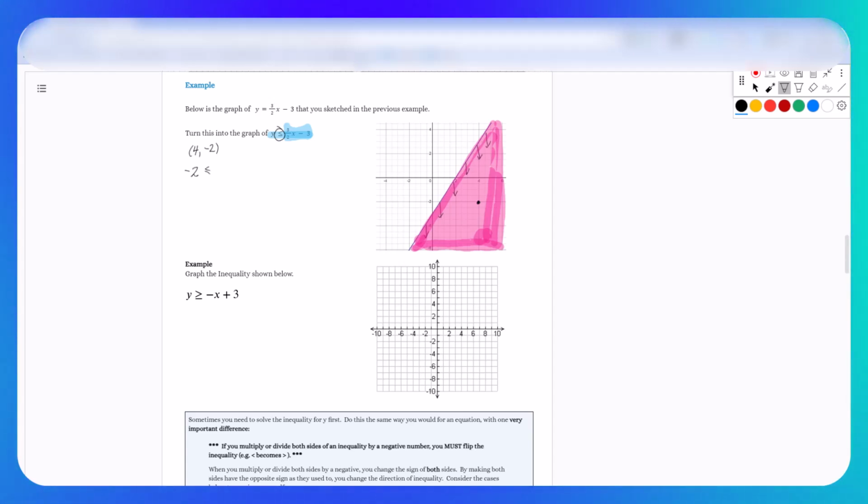So y is -2, less than 3 over 2 times 4, minus 3. Let's see, 3 times 4 over 2 is 6. -2 is less than or equal to 6 minus 3, which is 3. And sure enough, this statement holds true. So the point (4, -2), which is in the test region, is true.